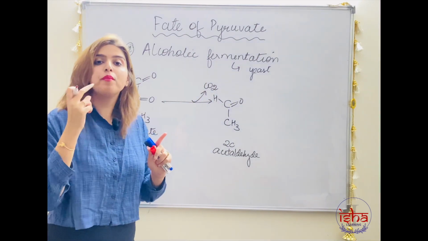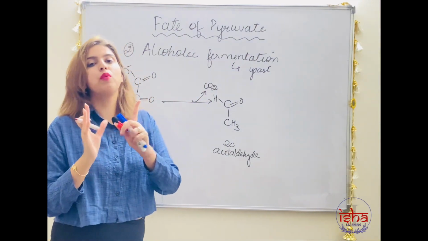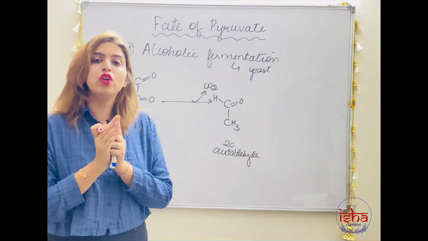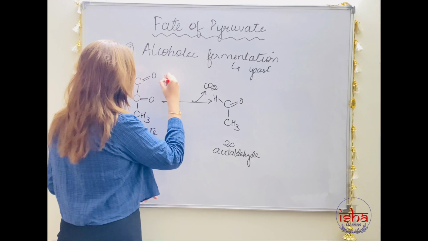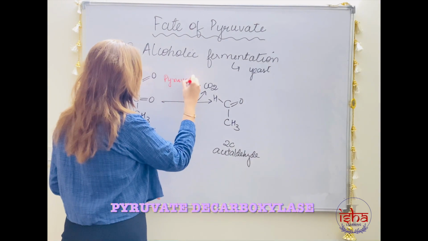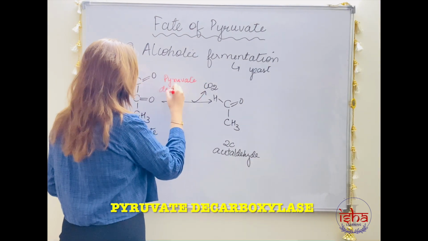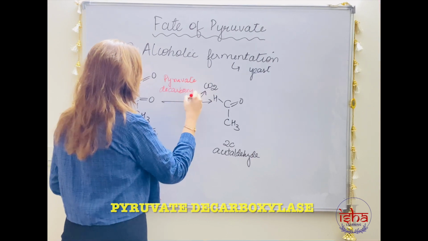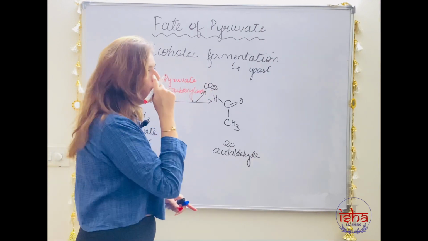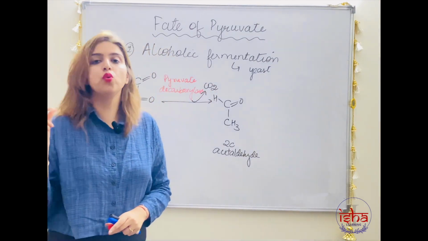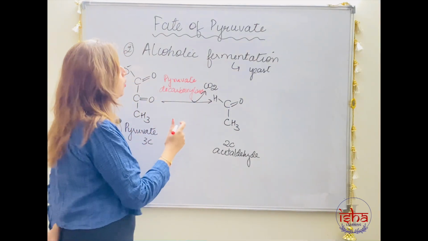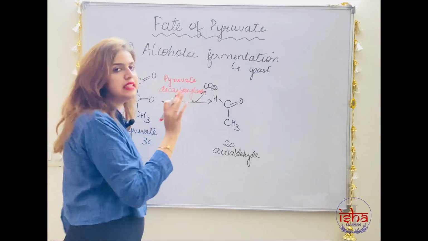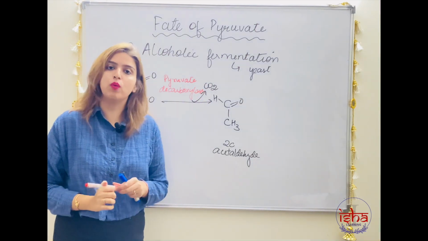Pyruvate is undergoing decarboxylation. What is decarboxylation? It is removal of carbon dioxide. So the enzyme here will be pyruvate decarboxylase. And wherever you see decarboxylase, you will definitely see that a CO2 is being lost, being evolved, being removed.